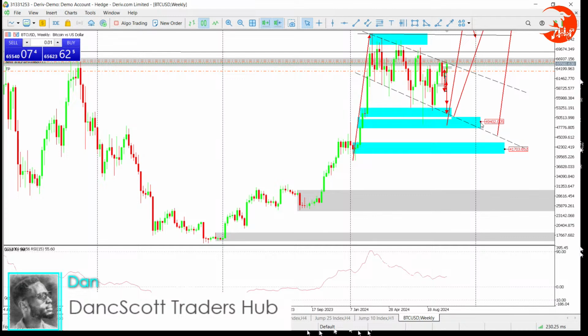If price comes back to this level, but of course it has already mitigated this level here. The other level is this other fair value gap there. So either it will come back to this, or to this one down below, which will be the order block that gave us this fair value gap here.